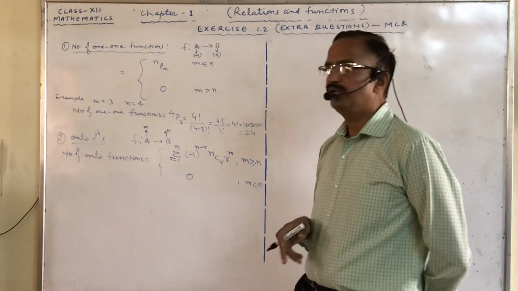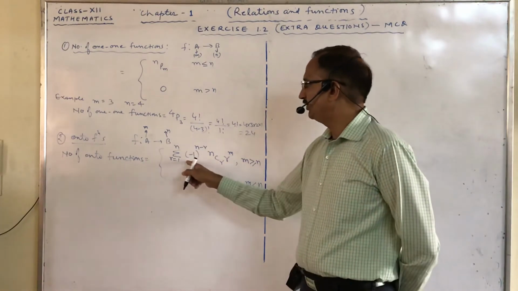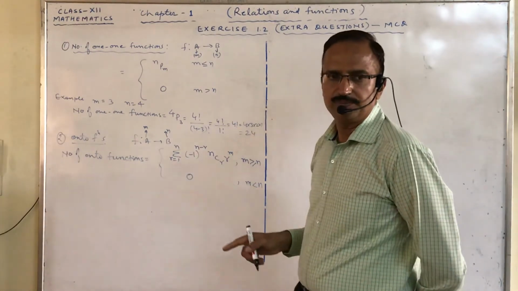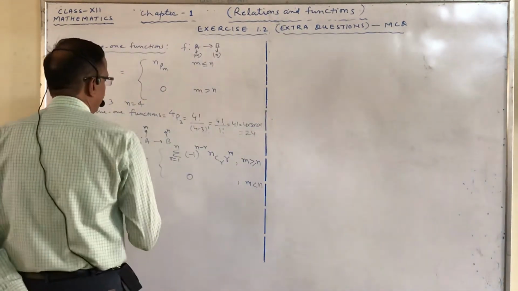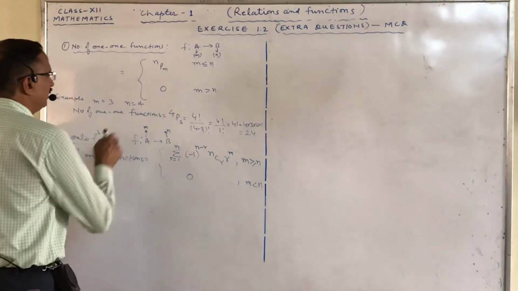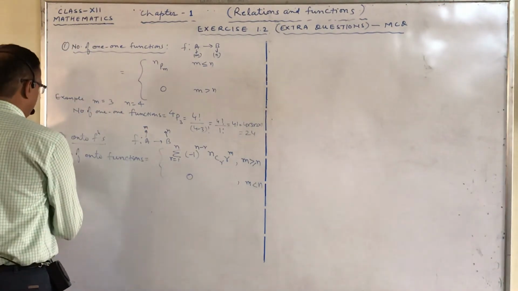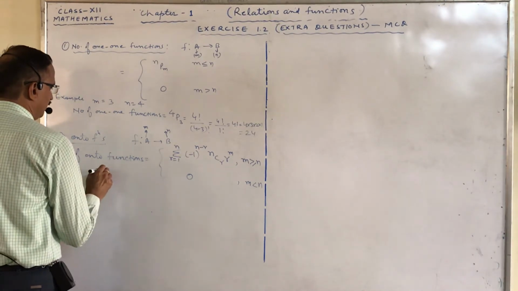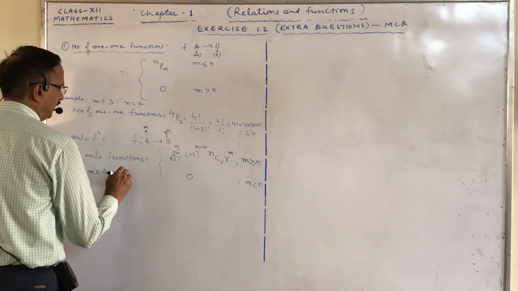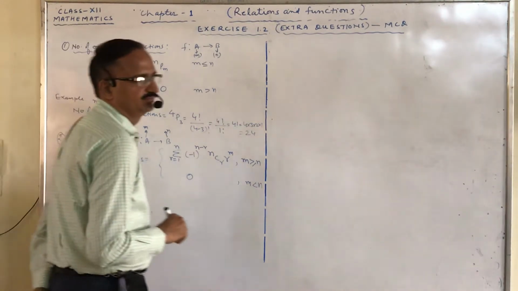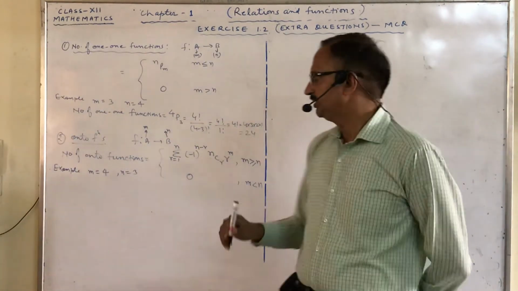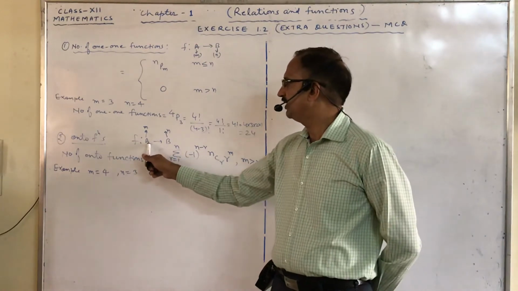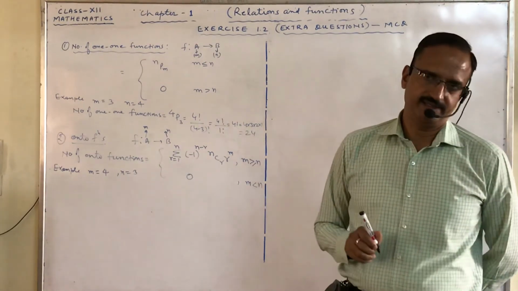And we can calculate the number of onto functions with the help of this formula. So suppose we want to calculate the number of onto functions if m equals 4 and n equals 3. Now in this case, the first set has more elements as compared to the second set.